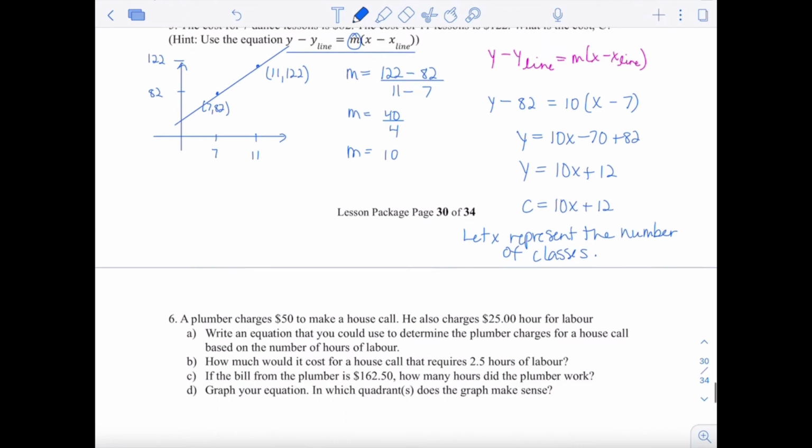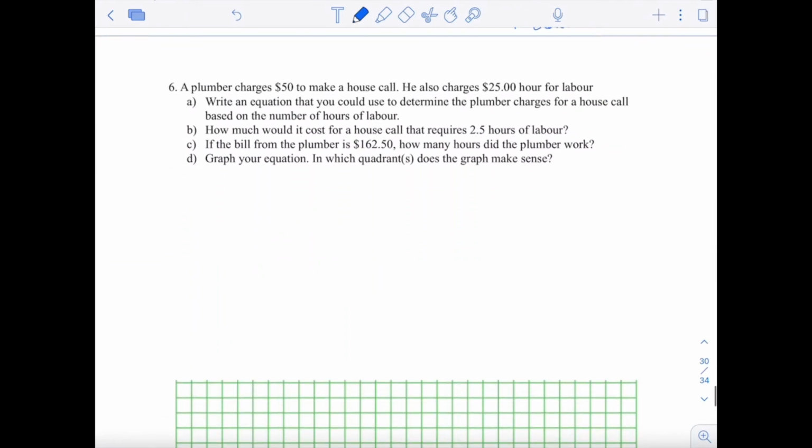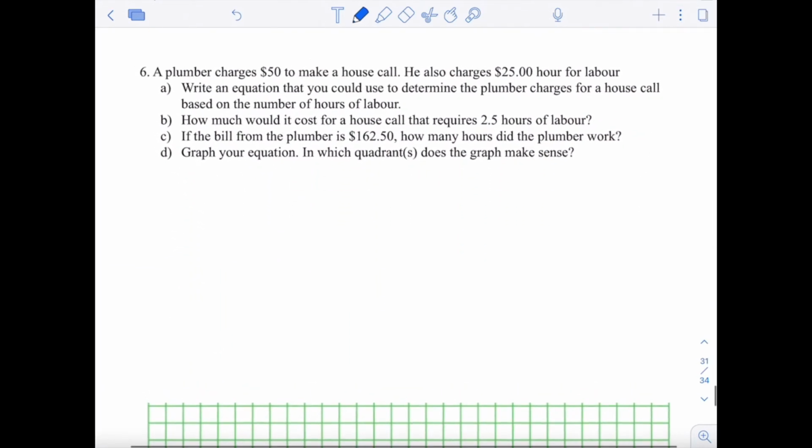Okay, let's put this into a bigger scenario that would probably make more sense in real life. A plumber charges $50 to take a house call. He charges $25 an hour for labor. Let's write an equation that I can use to determine the plumber's total charges based on the number of hours of labor.